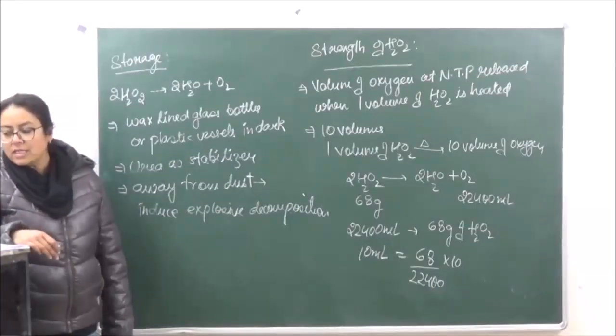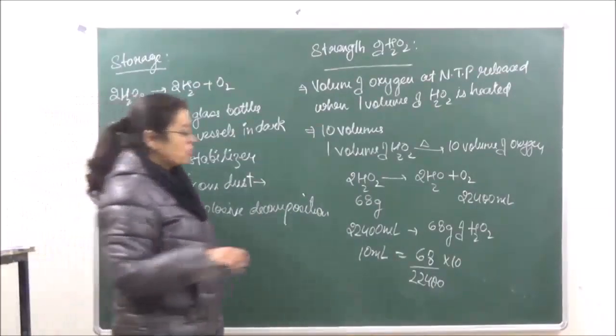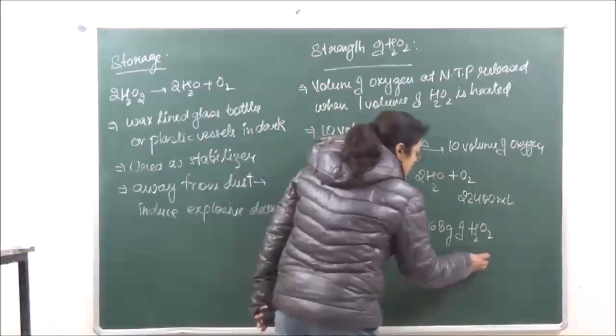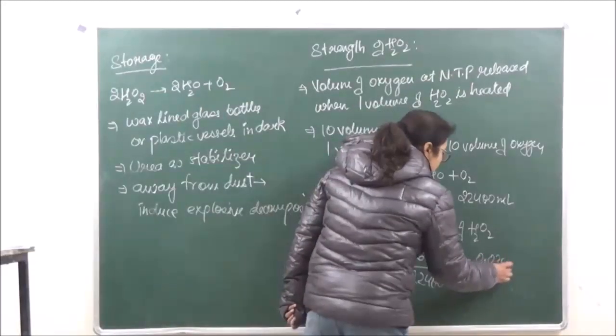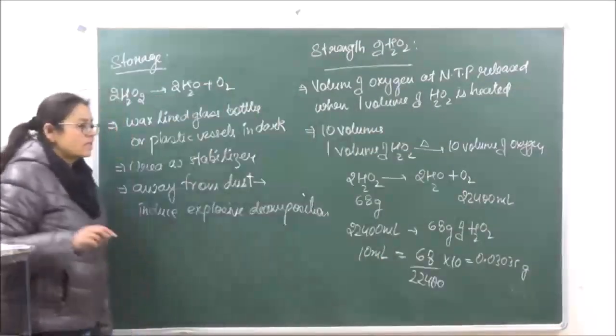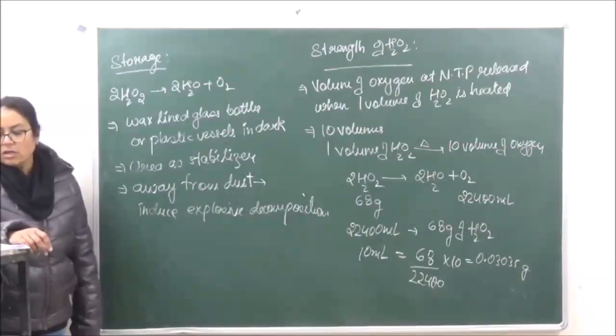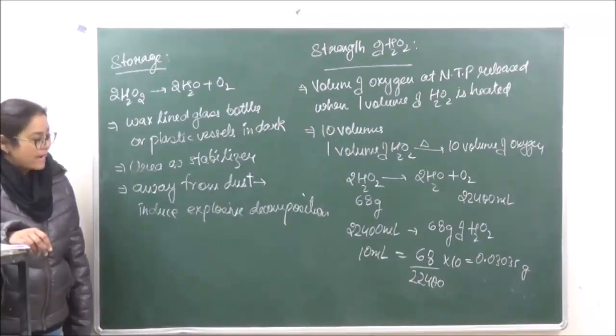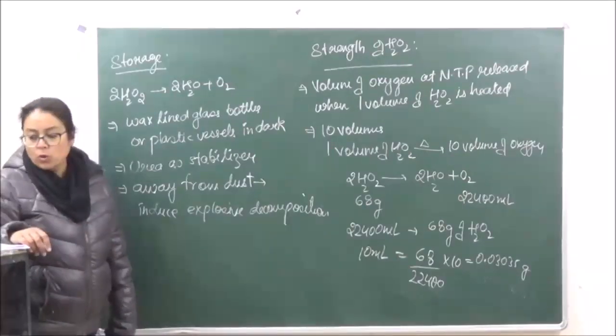So this comes to 0.03035 grams. This is what the calculation is going to give us. 0.03035 grams of H2O2.